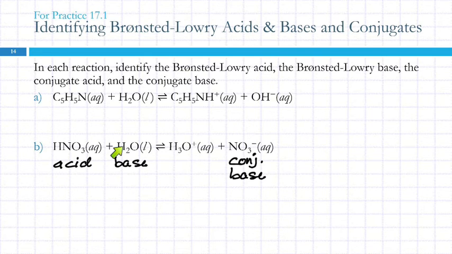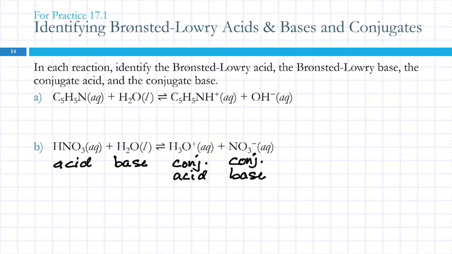What happens to the water? Well, that's the thing that's receiving the hydrogen ion. So after it has received the hydrogen ion, it becomes an acid, and it's called the conjugate acid. It's the conjugate because it's on the product side. Any questions? The acid becomes the conjugate base. The base becomes the conjugate acid.